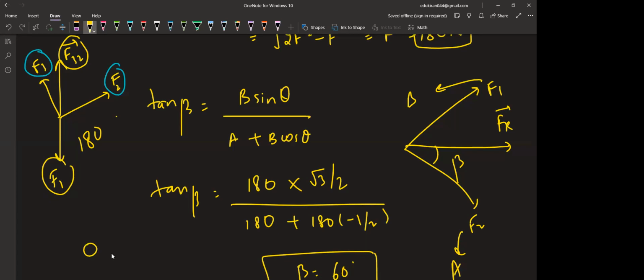I'm telling you one, the rest you will be able to solve. One charge is here, one charge is here. Due to this, one force is directed like this, and due to this, another is directed like this. So you have one vector as the force due to 1, and another as the force due to 2. Then you will take their resultant. See, it's an equilateral triangle.